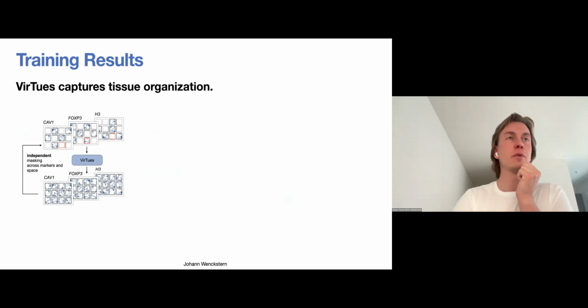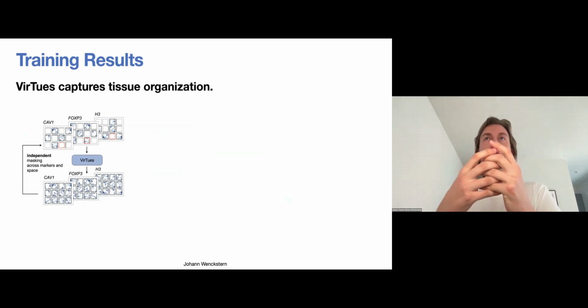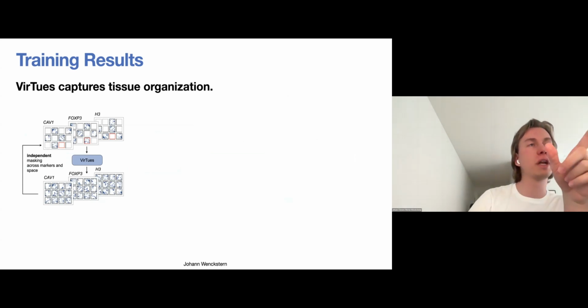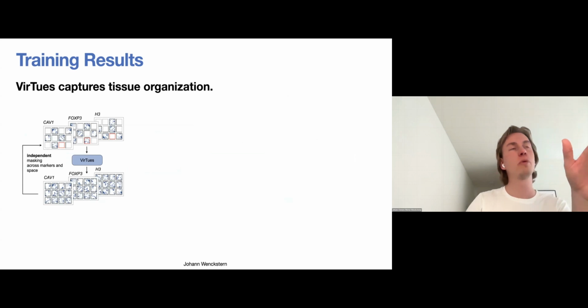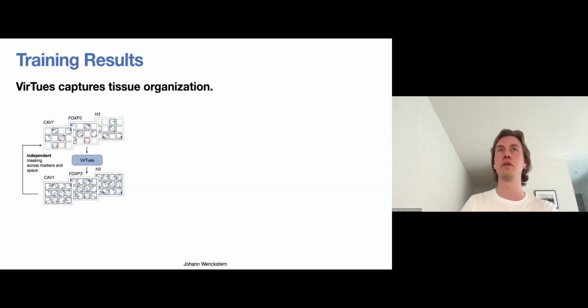So the first thing we evaluated was basically just the performance of the model on the training task, given the whole test set. And here I would like to stress that during training, what we did as masking was independent masking. So each channel got masked independently: for each channel, we sampled a masking ratio between 60 and 100% and chose the positions at which we're going to be masking independently.